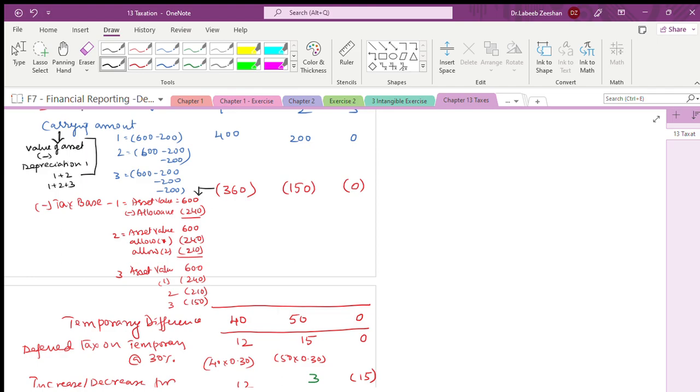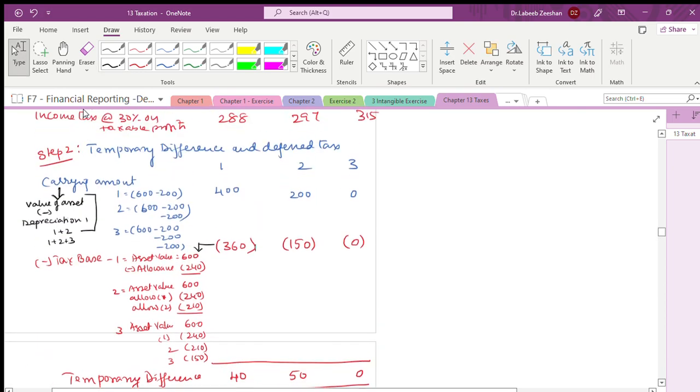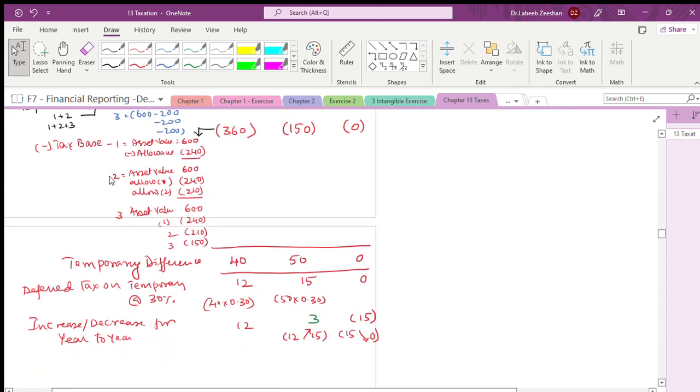Now, we are making 12, 3 and 15. This is step 1 and this is step 2. Little bit exhaustive.